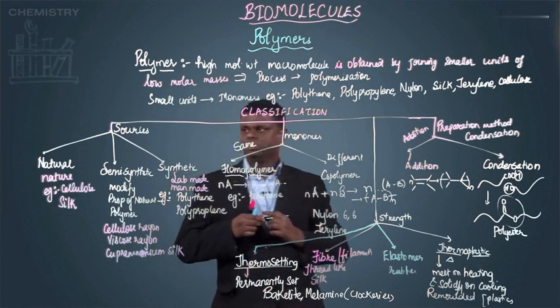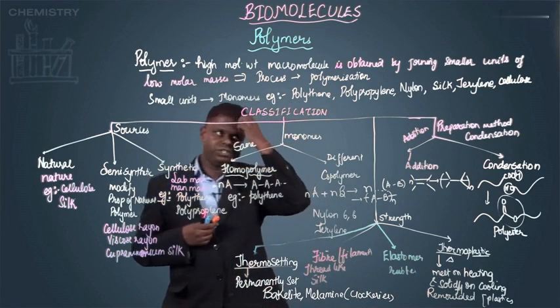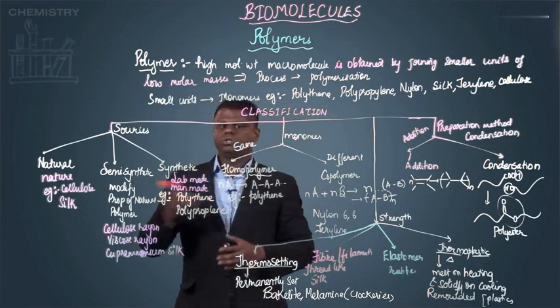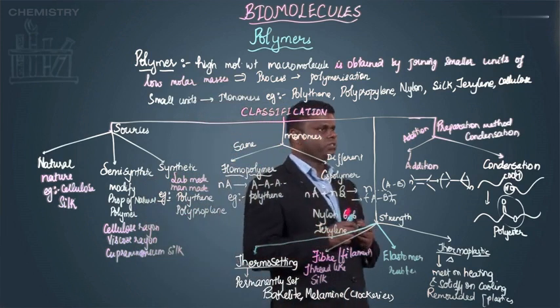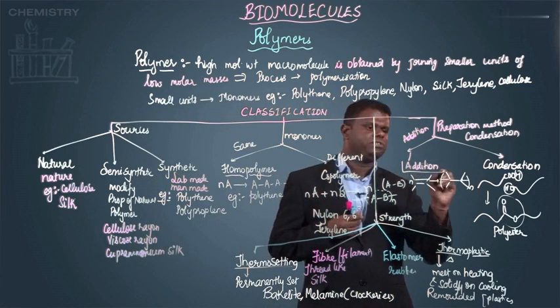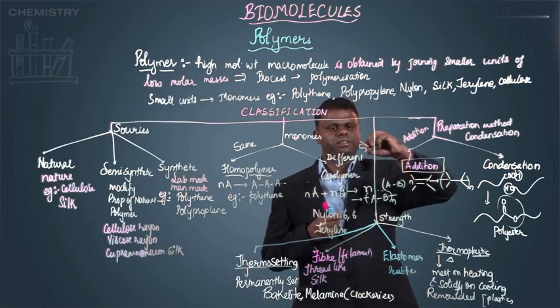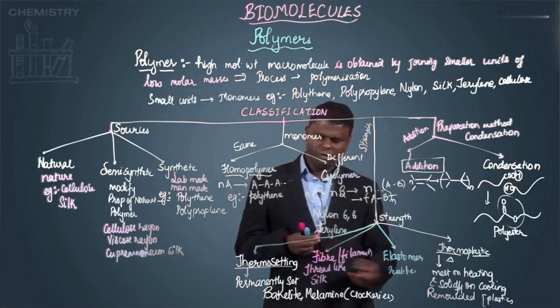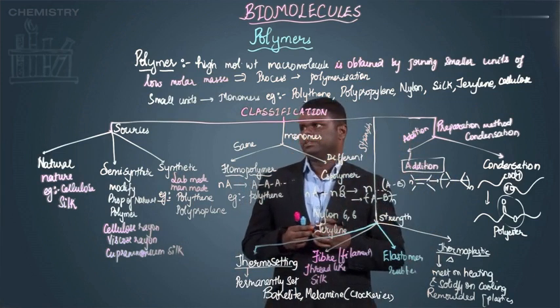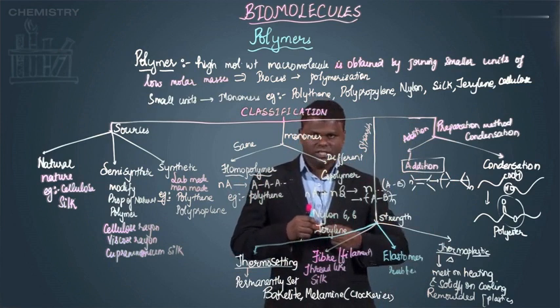So this was the method of classification of polymers based on sources, based on the monomers, whether they are the same or different, based on the preparation method, as well as based on the strength. Based on the strength, you classify them as fiber, elastomer, thermoplastic, and thermosetting. So this was about the classification.